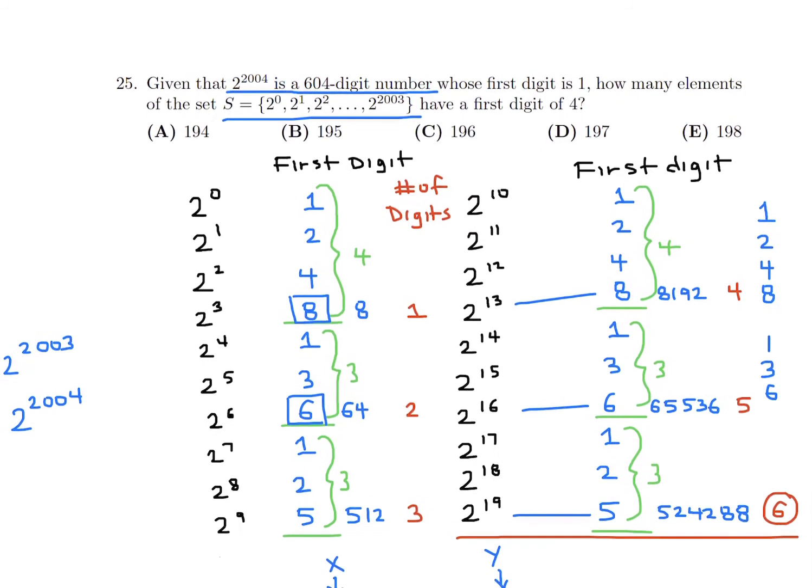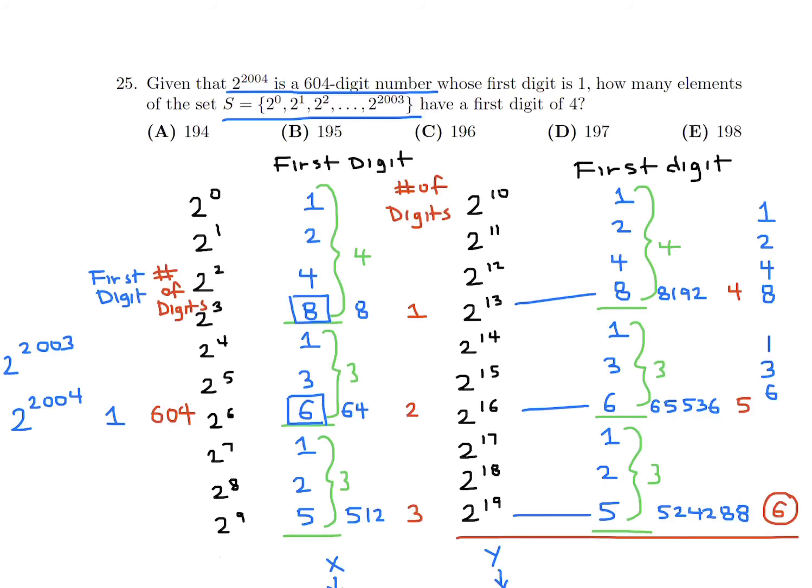Now they tell you a little bit of information about 2 to the power of 2004. It has 604 digits and the first digit is 1. So we've got 604 digits, number of digits.